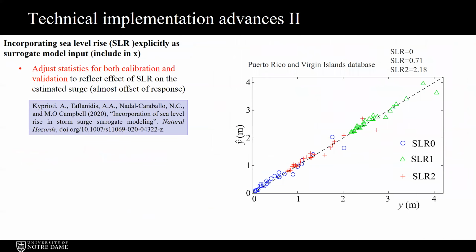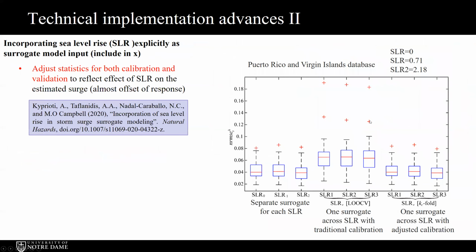Another interesting extension is to explicitly use sea level rise as input into your surrogate model, and this is from the Puerto Rico and Virgin Islands, a recent database that the Army Corps has developed. You can see that across the different sea level rise scenarios, you get pretty good accuracy.